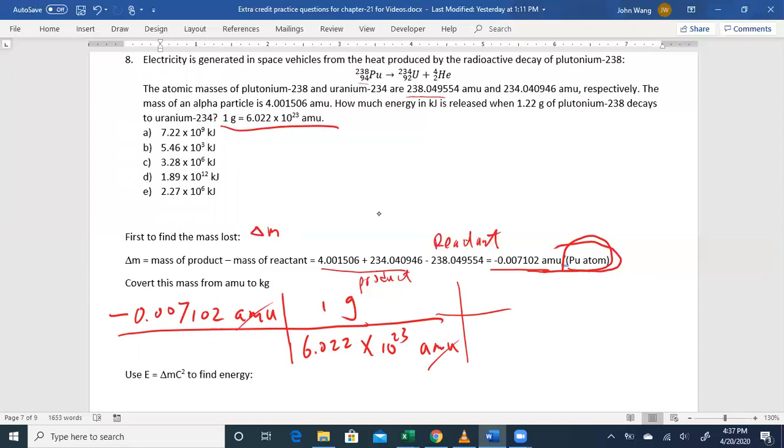In the formula, the one we want to use is E equals delta M C squared. So you need this one in kg, kilogram. So just one more step: 1,000 gram is 1 kilogram.